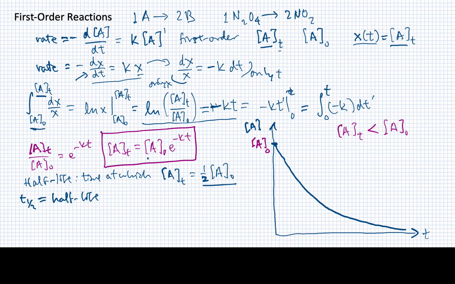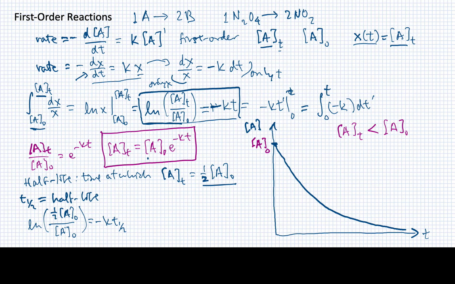Another way to do this might be to start with this equation up here. This will actually be a little bit easier to manage. So I'll have that log of this ratio of 1/2 of the initial value over the initial value of the concentration is equal to minus k times t sub 1/2.